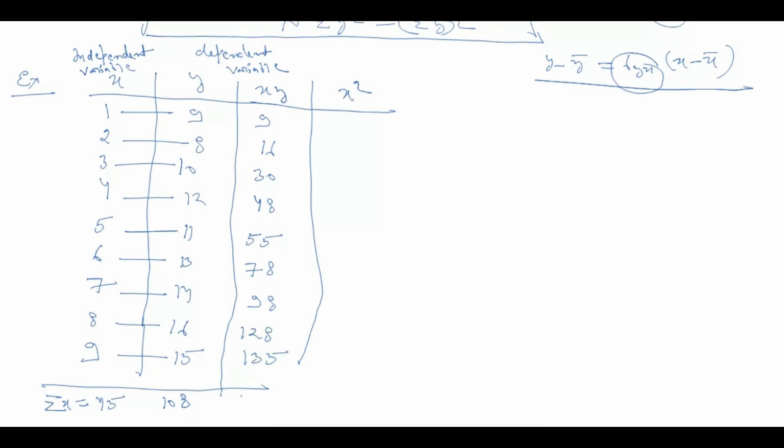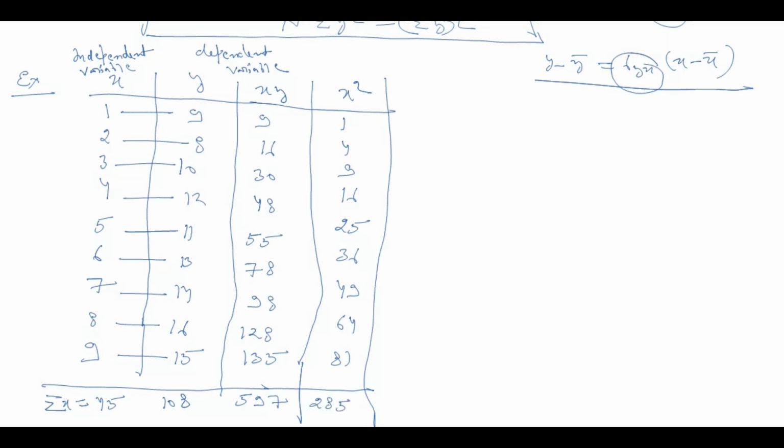If you add all these numbers, the sigma xy will be 597. Similarly, our x square: 1, 4, 9, 16, 25, 36, 49, 64 and 81. If you add all these numbers, it will be 285, right?